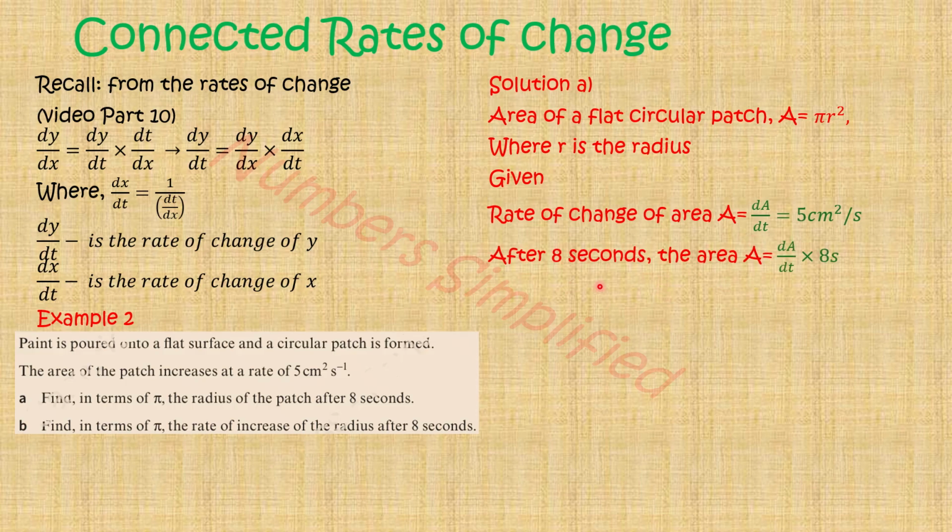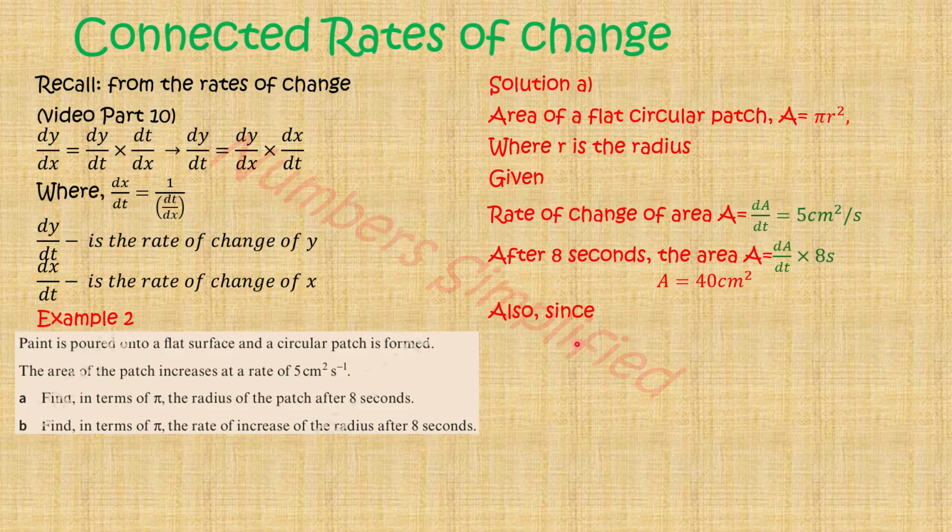After 8 seconds, we can find the area, which will be given by dA/dt times 8 seconds. We know what our dA/dt was: 5 square centimeters per second times 8 seconds. That is going to give us 40 square centimeters.